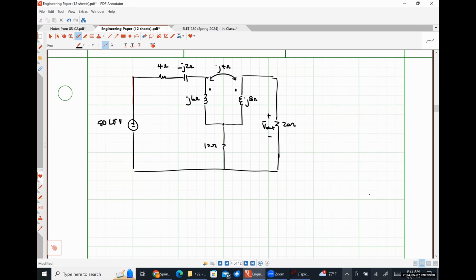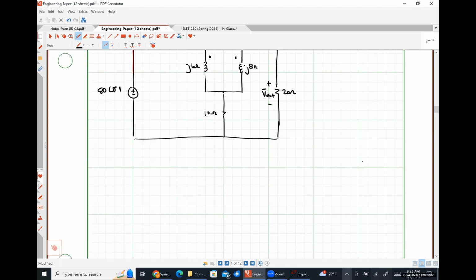Okay. I'm going to redraw this circuit now. And we're going to do the exact same thing that we did a moment ago, where we're going to replace our transformer with its T equivalent circuit and see what shakes out of that. So that might look something like this.